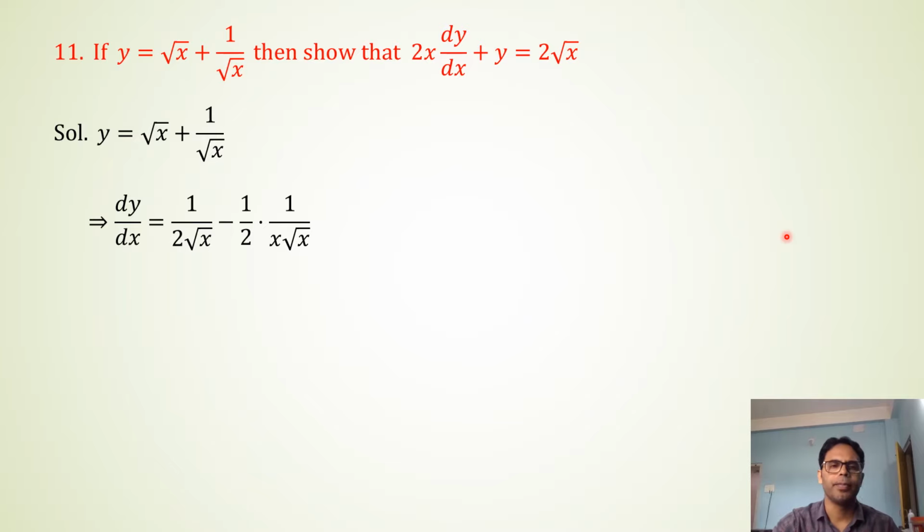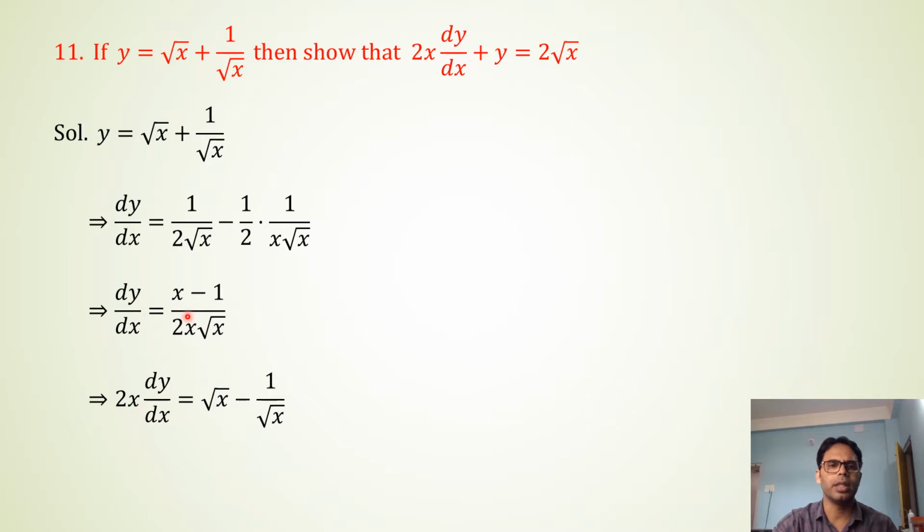And we have to take a product by 2x, because in the answer part you see 2x is multiplied with dy dx, so that is why I am taking 2x multiplication here. By taking LCM, or you can directly take 2x multiplication, but here I am taking LCM on the right hand side and then multiplication.